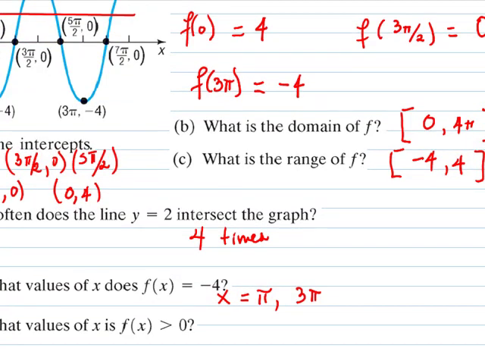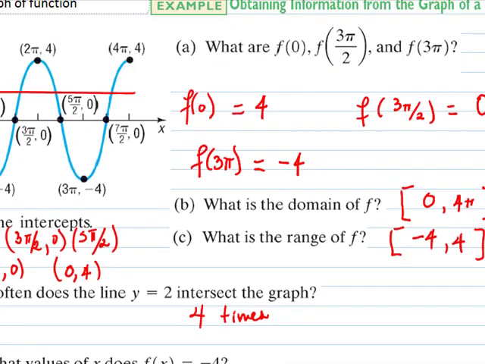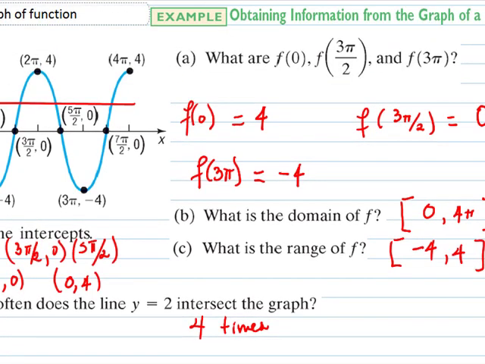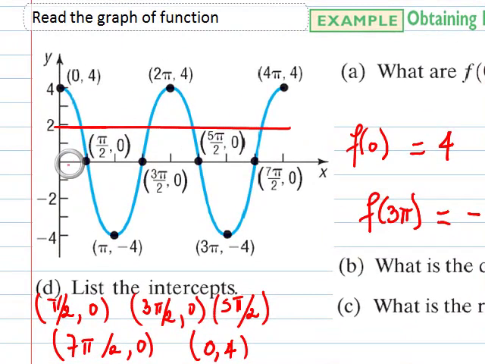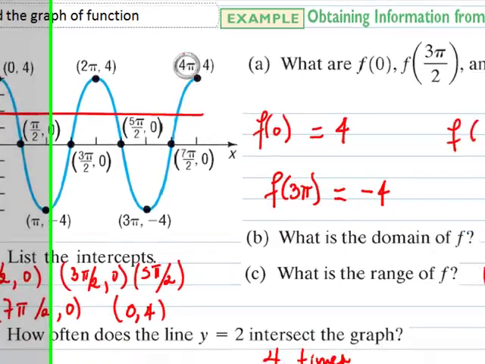G, for what values of x is f of x greater than 0? Remember f of x is the y value, so read the graph. You look at the graph here. Here is our x-axis. Everything above the x-axis, our y value is greater than 0. So this piece right here, all our y values are greater than 0.